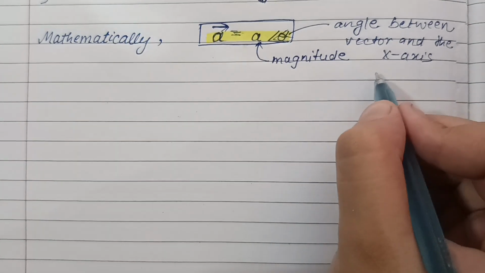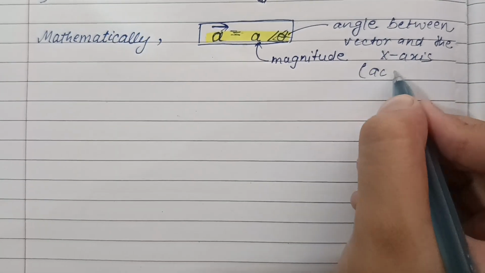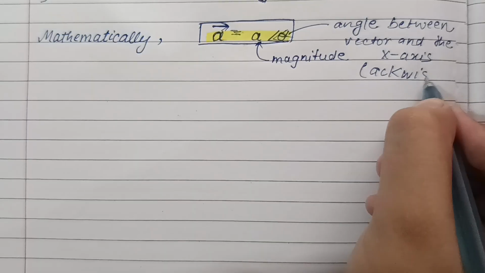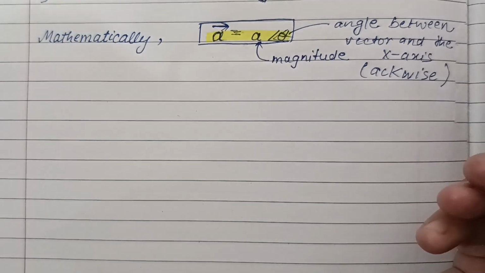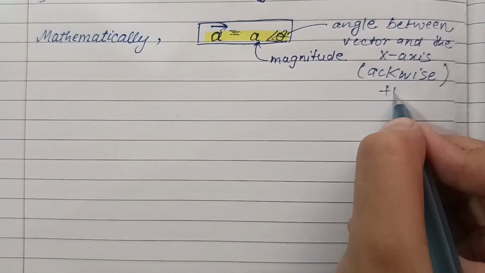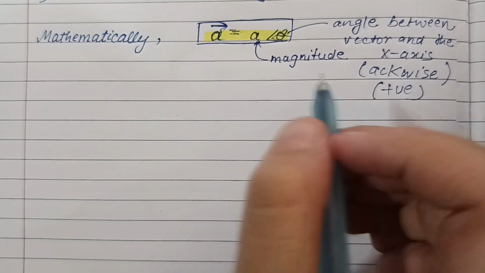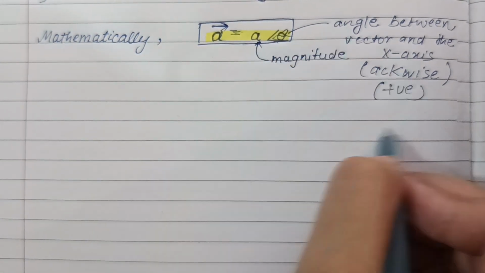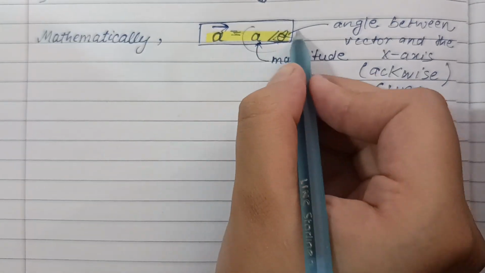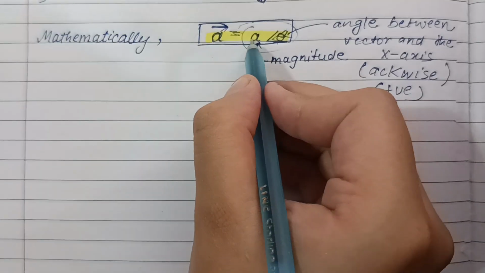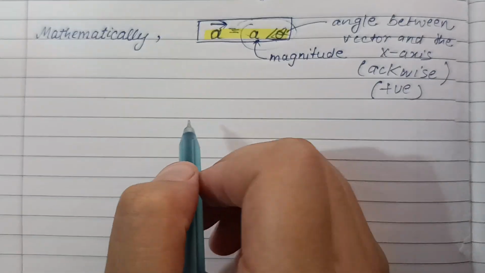Particularly, it is measured anti-clockwise, as anti-clockwise is always positive. If theta is clockwise, then the angle of the vector will be negative.